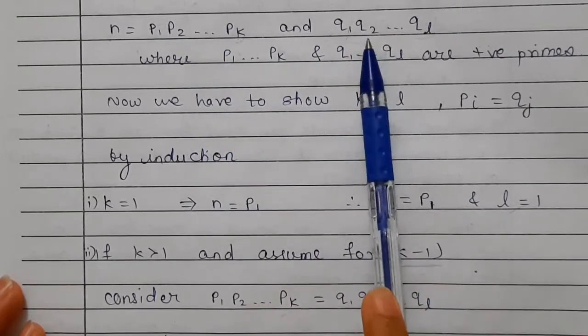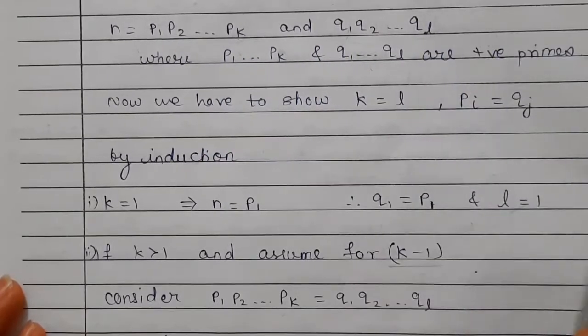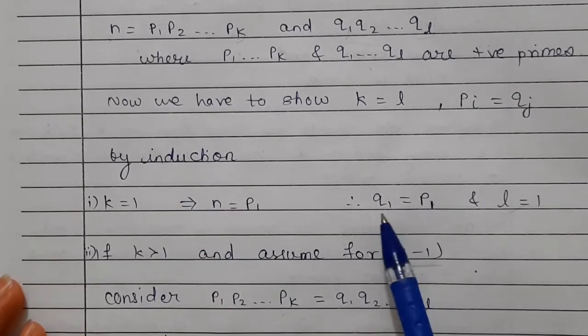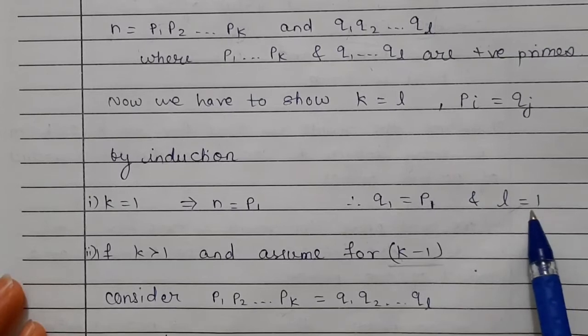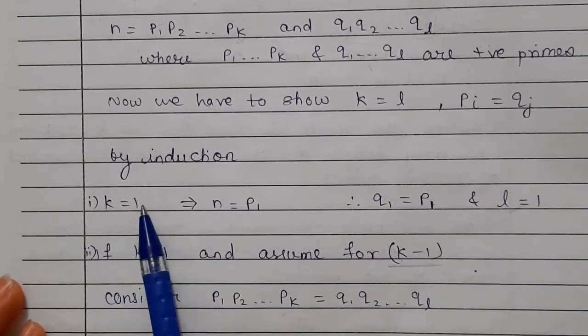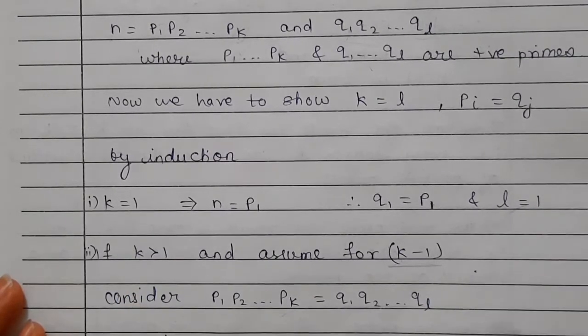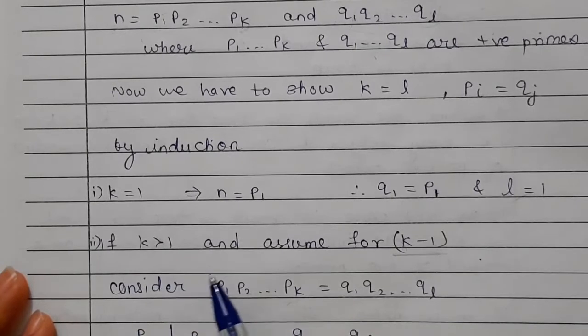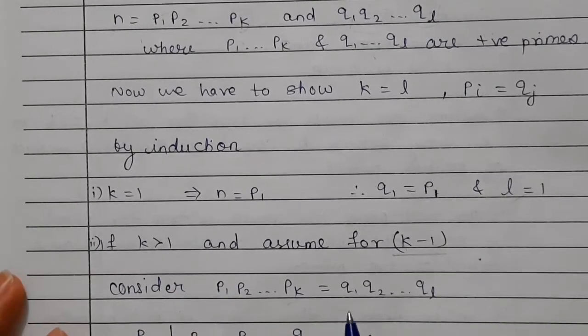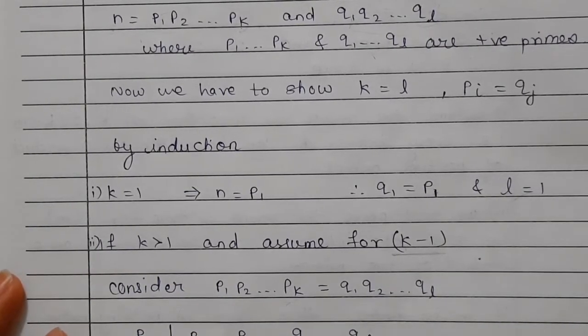That's why we write q1 is equal to p1 and l is equal to 1, because k is equal to 1. Now we take case 2, if k is greater than 1, and we assume induction for k minus 1 elements.